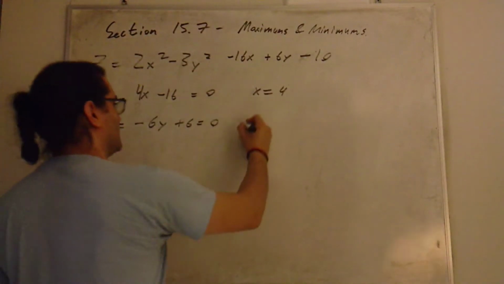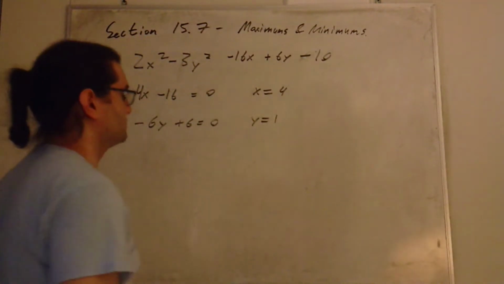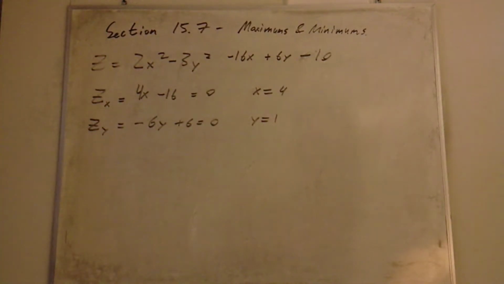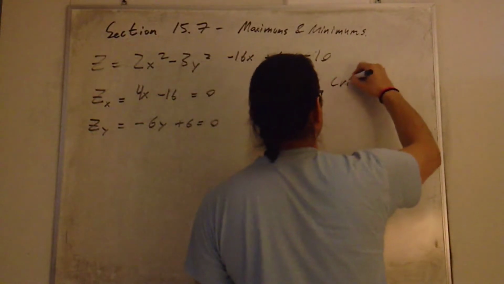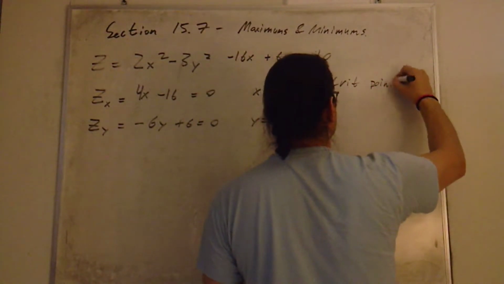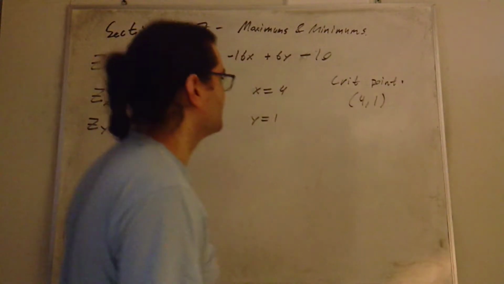When we set that equal to 0, we'll get y equals 1. So there it is. We have exactly one critical point. It's 4, 1.